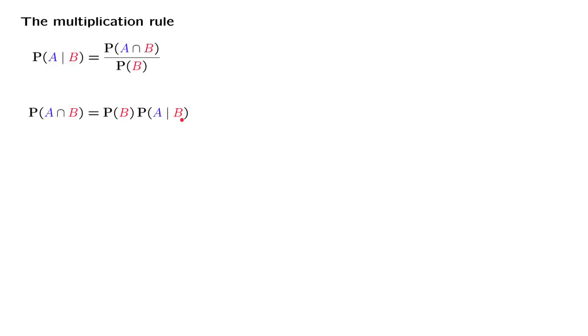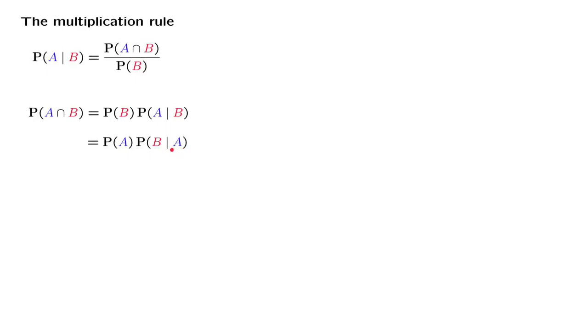Now, out of the two events A and B, we are of course free to choose which one we call the first event and which one we call the second event, so the probability of the two events happening is also equal to an expression of this form, the probability that A occurs times the conditional probability that B occurs, given that A has occurred.